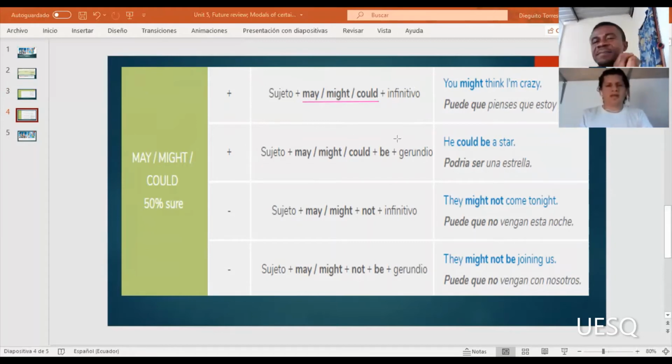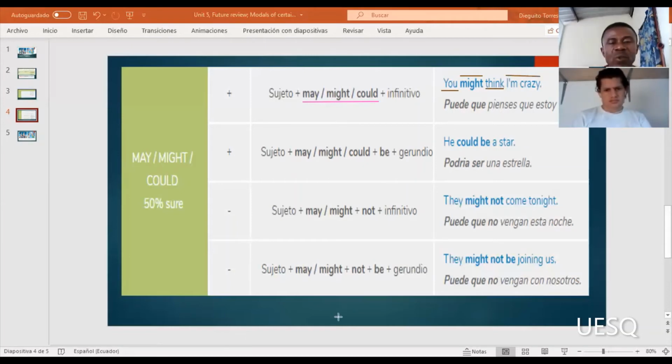So subject, for example: you might think I am crazy. You, the subject, might, modal verb, think, the verb, then I am crazy, the complement. Good.